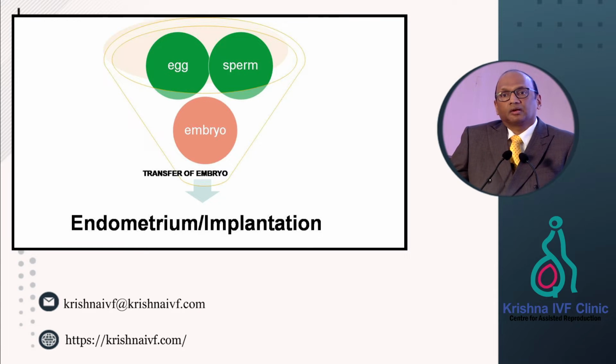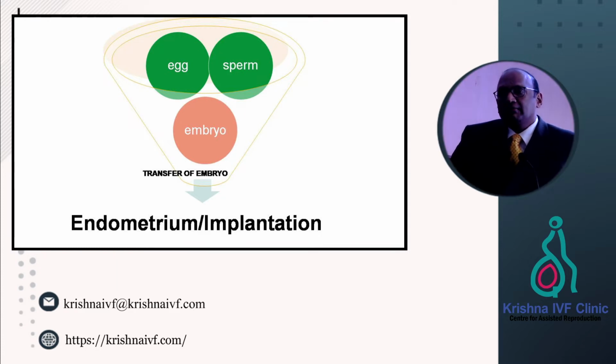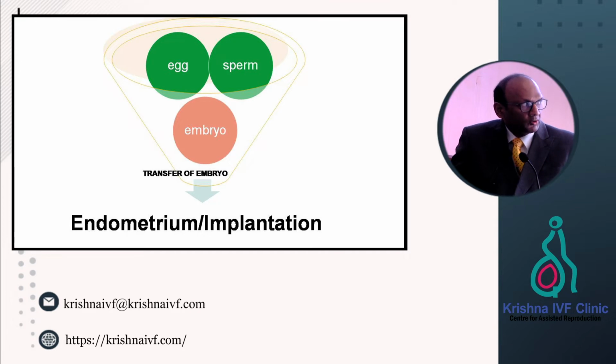And this makes a difference on the implantation rate, live birth rate, and the whole field of reproductive medicine boils down to only these three points. So here I am concentrating only on the endometrium aspect, not the transfer, not the embryo, not the sperm.